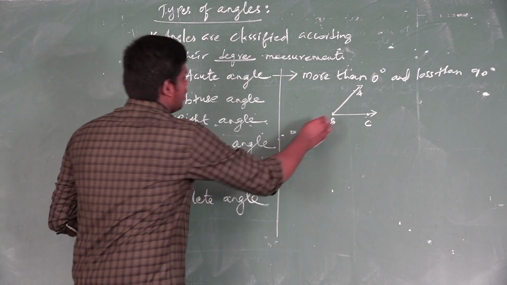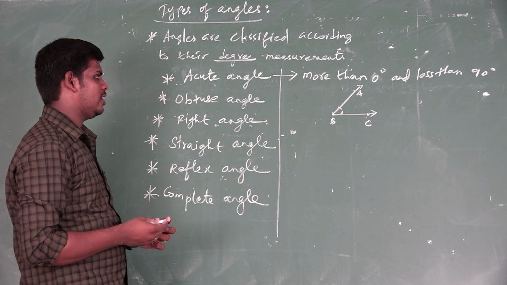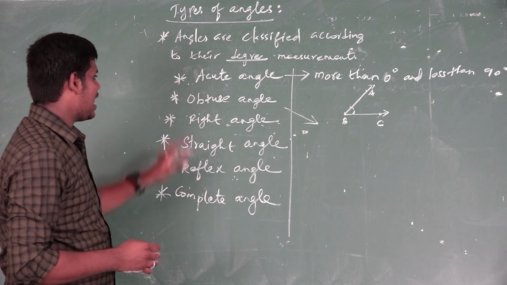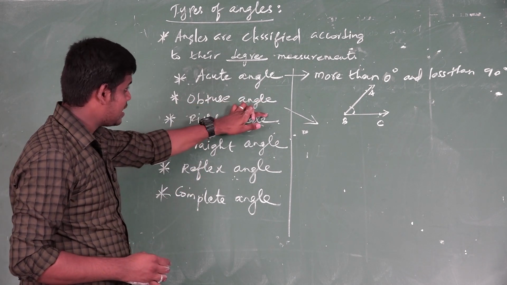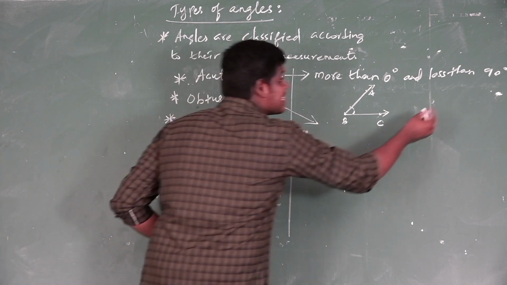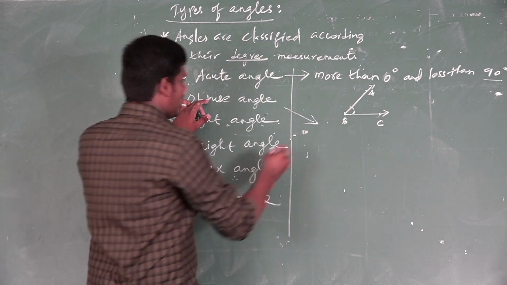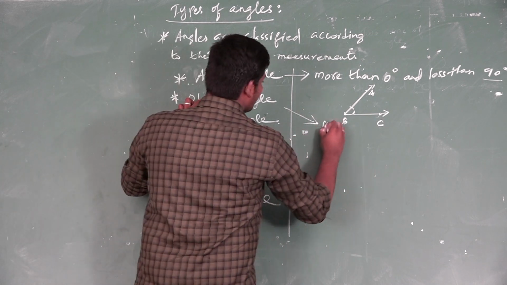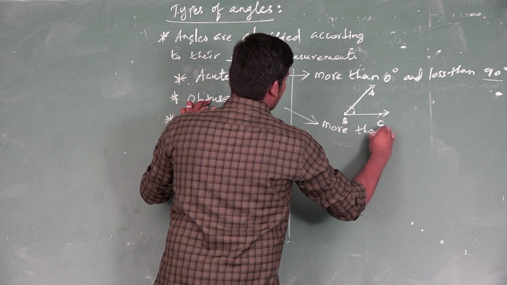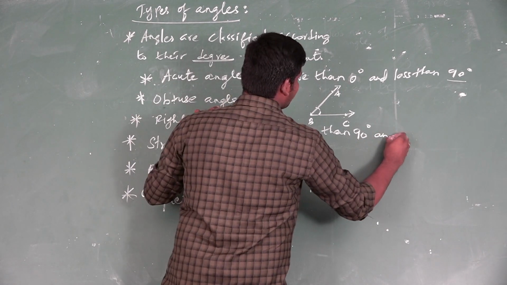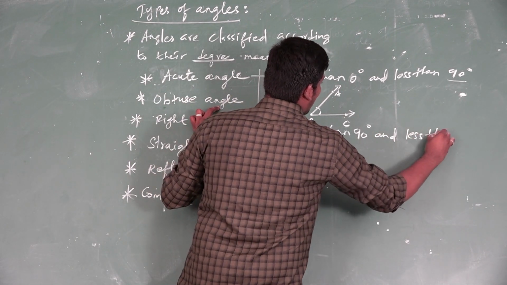Next we can discuss obtuse angle. So listen all of you. Obtuse angle means an angle which measures more than 90 degree and less than 180 degree.